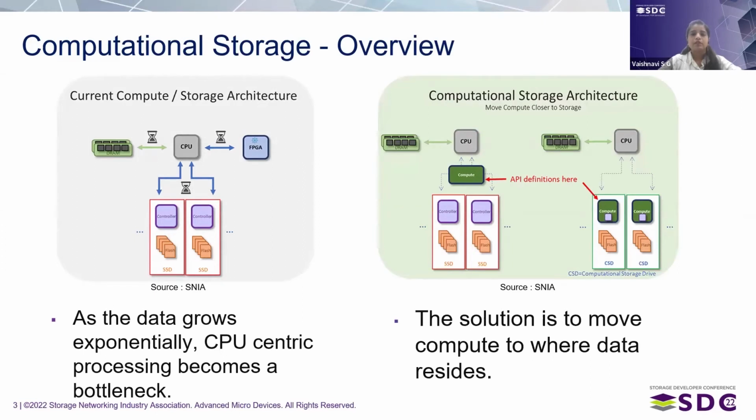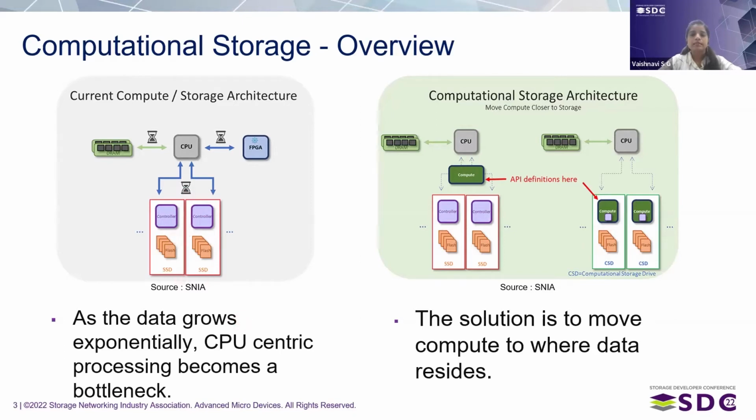I'm sure everyone here knows what computational storage is, but let's quickly see an overview of its architecture. In the traditional system architecture, memory, CPU, and storage all have very defined purposes. However, with the increased system complexity and with the large amounts of data to be processed in the system, the current architecture shown to the left is showing some bottlenecks.